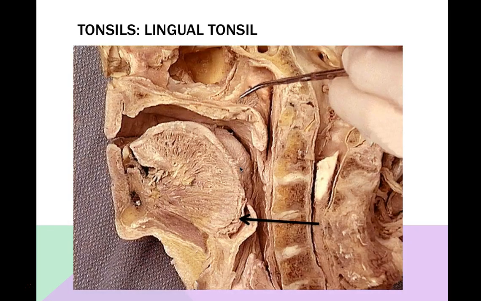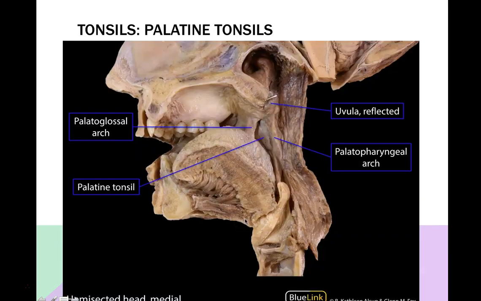Here's another mid-sagittal cut of the head. And if you look at the tongue, you may notice, wow, that's really muscular. But we want to focus on that back portion of the tongue where we will find the lingual tonsil. And lastly, in the oral cavity, we will look for the anterior and posterior pillars.